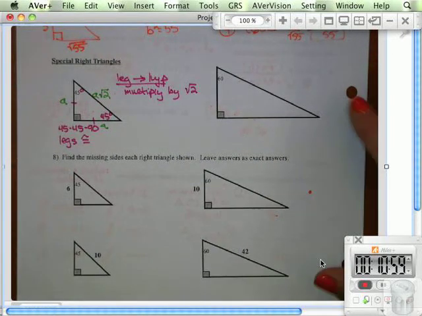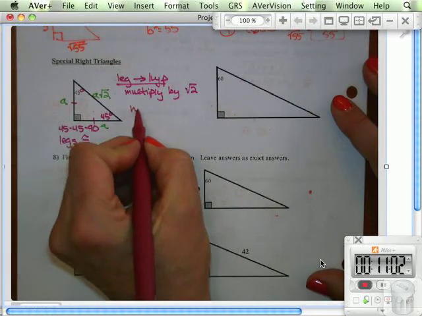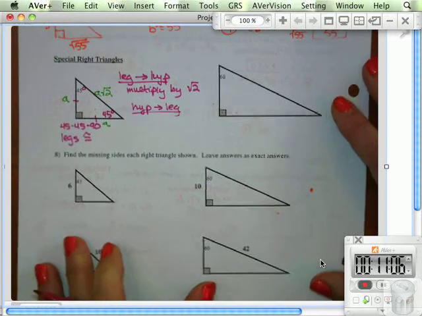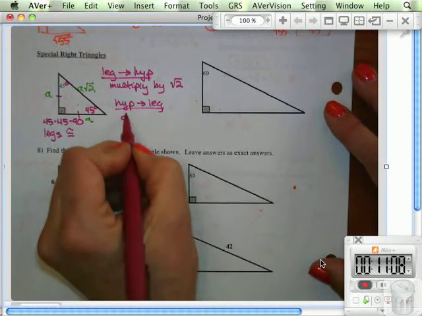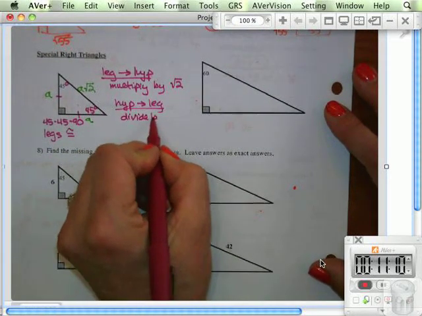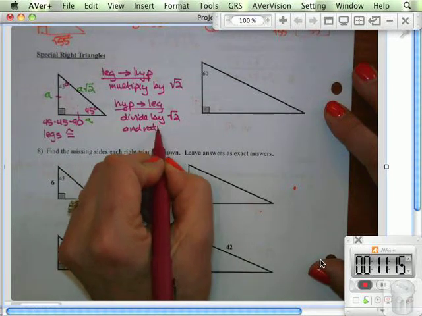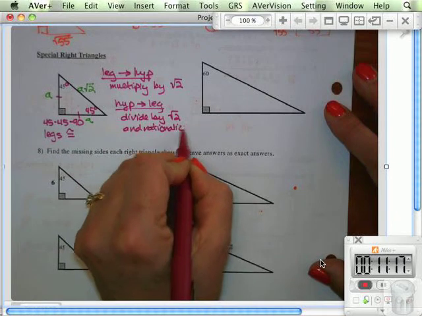If you're given the hypotenuse and you need to get a leg, you would just divide by the square root of 2 and rationalize if necessary, which it will be.